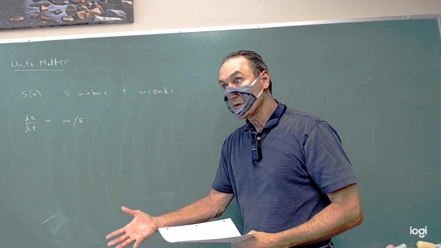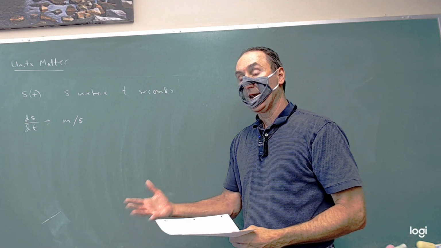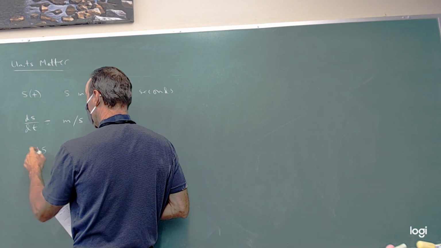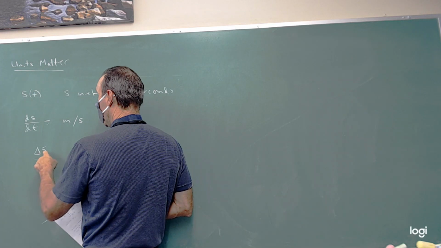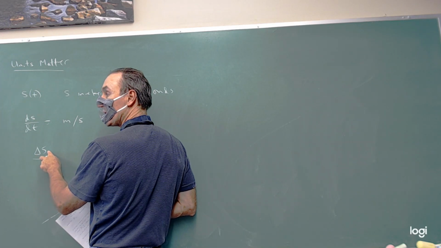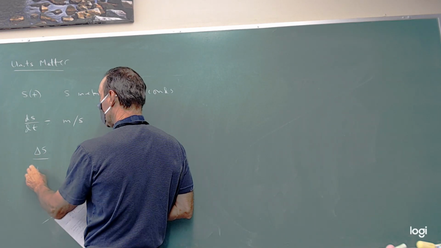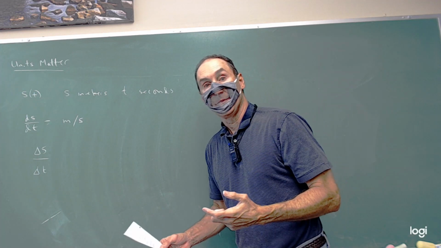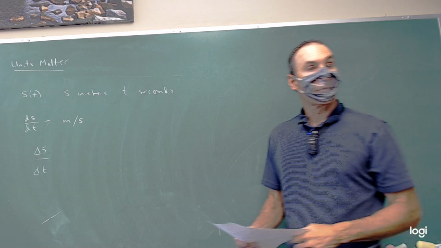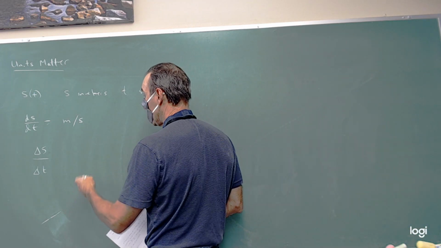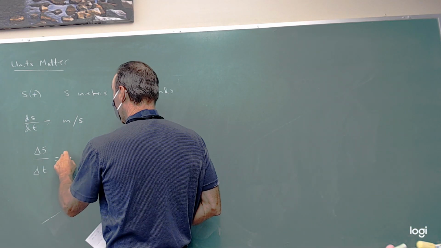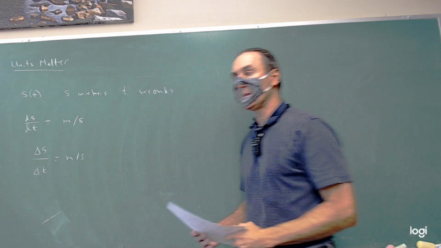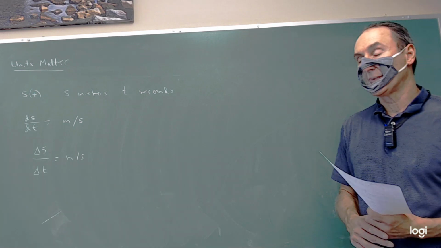Now notice that is going to be the same units if it was an average rate of change. An average rate of change would be a delta f, so you're taking the position at some particular time minus the position at a different time, over the change in that time. That's like our y2 minus y1 over x2 minus x1. That's an average change, and it's going to have the same units. So average rate of change and instantaneous rate of change are always going to have the same units.